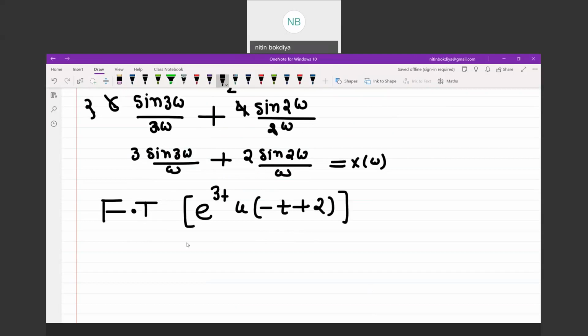First I will go for the Fourier transform of e to the power 3t into u of minus t.